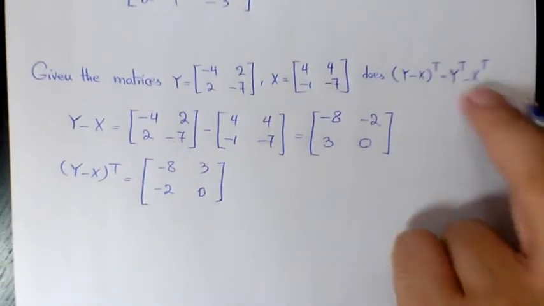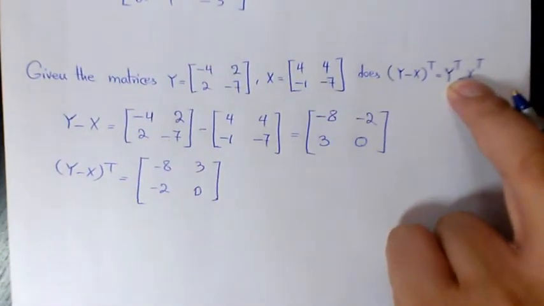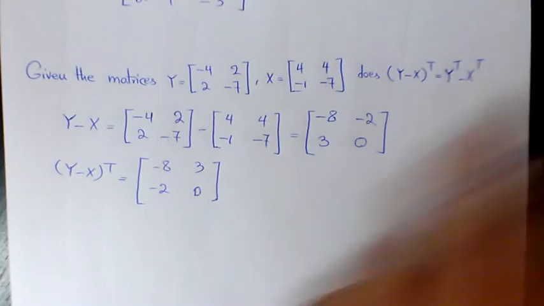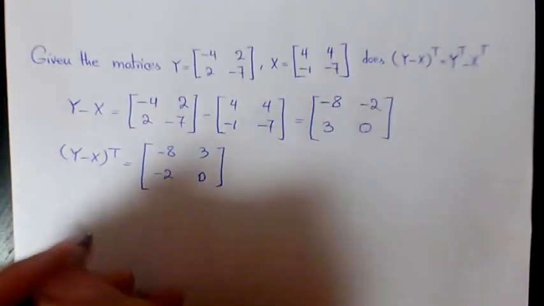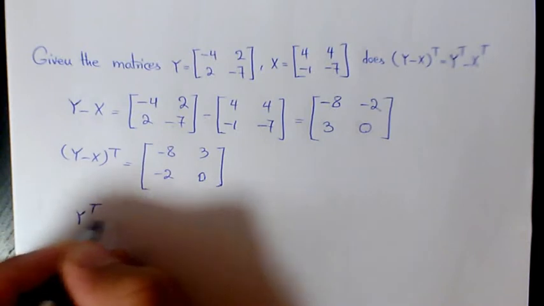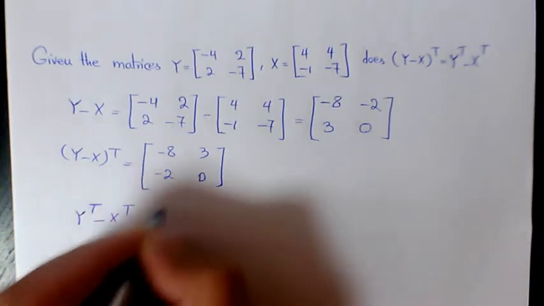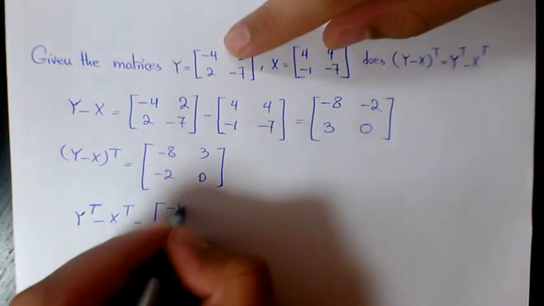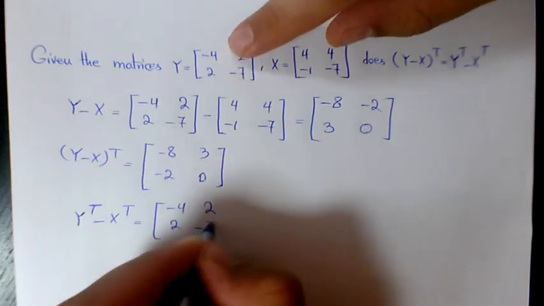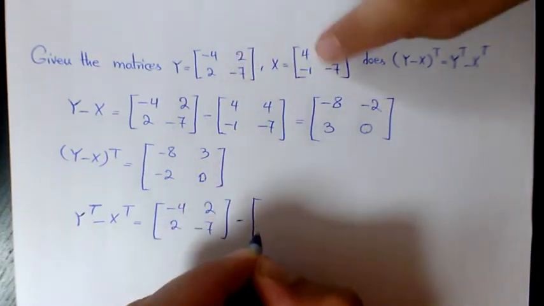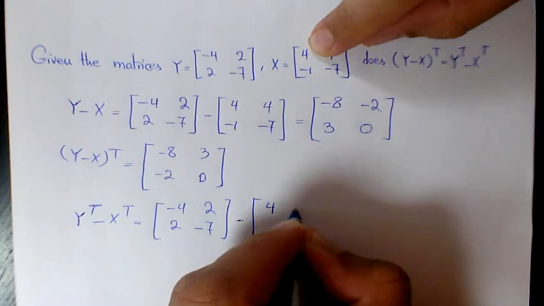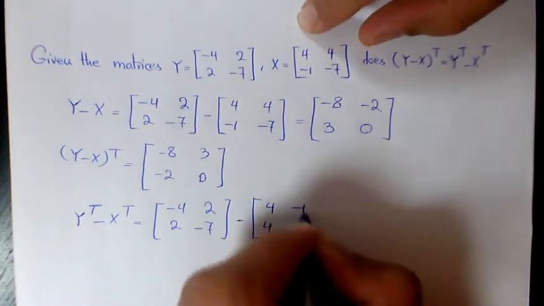On the other hand, we need to find out if the transpose of y minus the transpose of x is the same as this. So the transpose of y minus the transpose of x is going to be negative 4, 2, 2, negative 7, minus 4, 4, negative 1, negative 7.